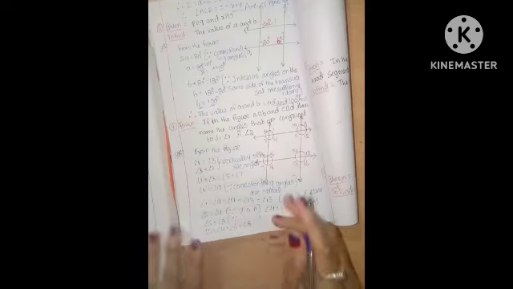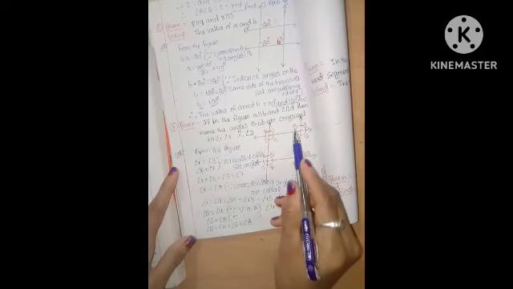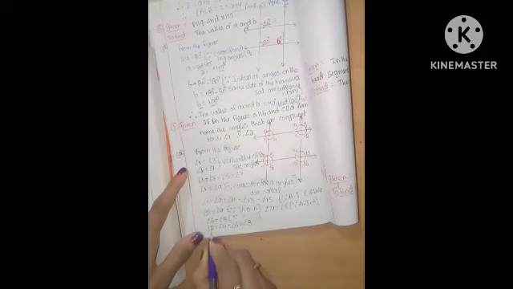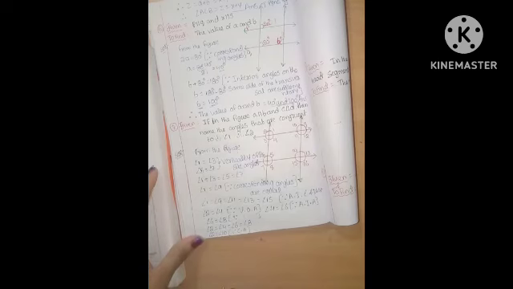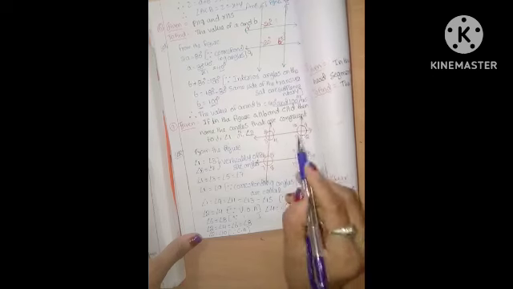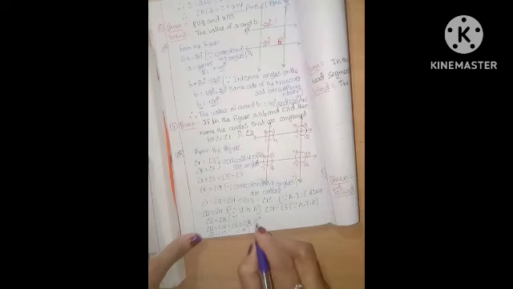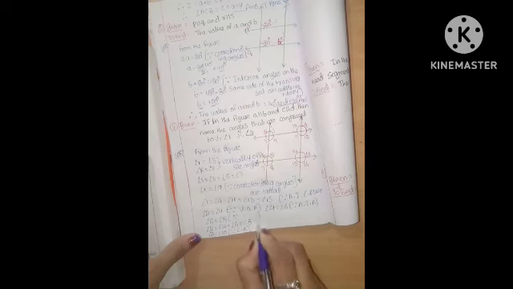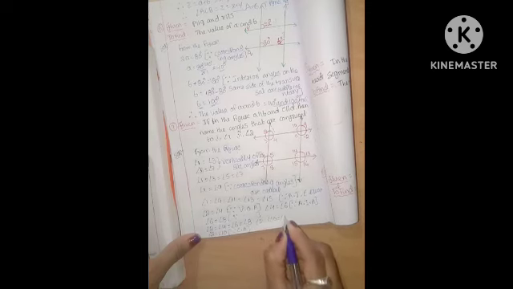Okay. Next, another line. Angle 2 is equal to angle 10. Why is it? These two are the corresponding angles, equal. Short form is C.A. Corresponding angles are equal. Next, 10 equal to 12. So angle 2 is equal to angle 10 is equal to angle 12.